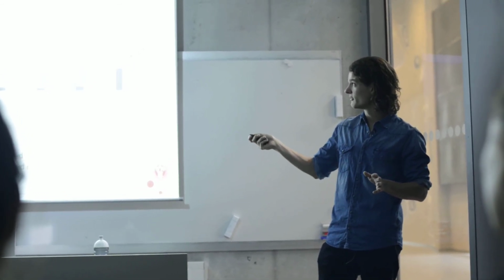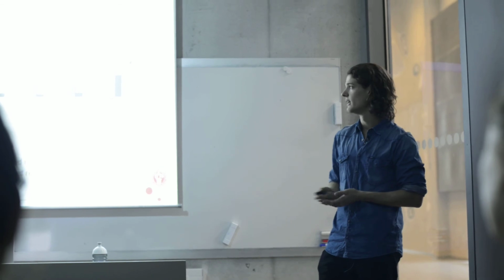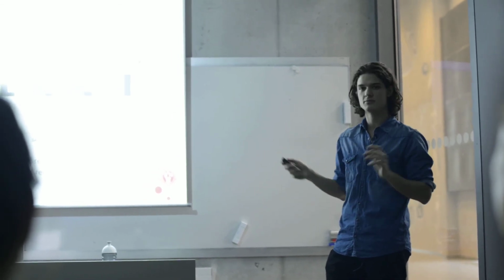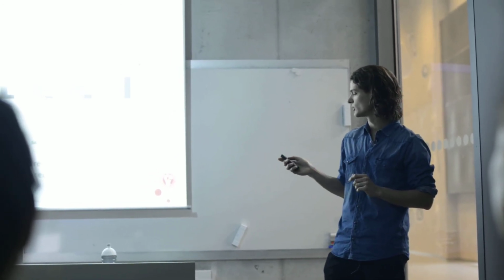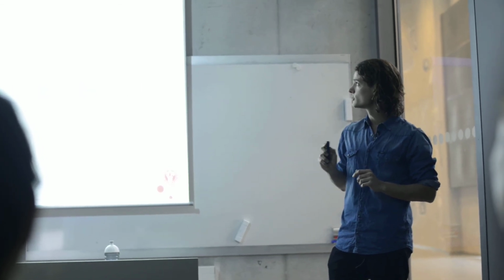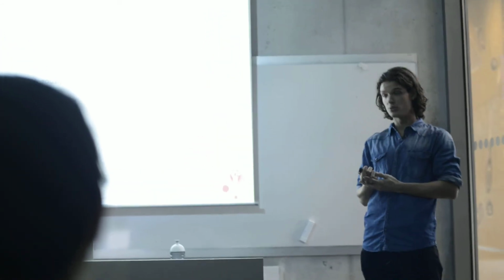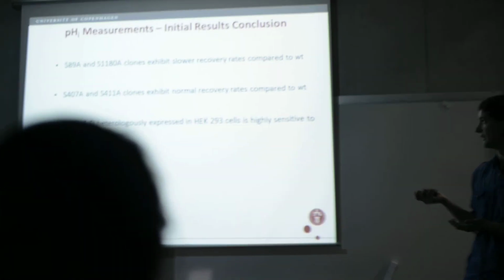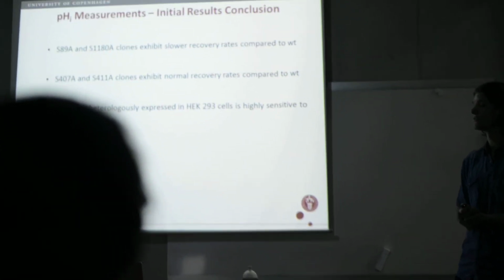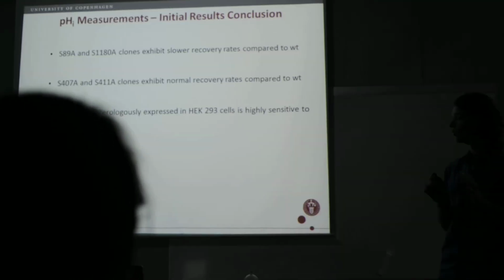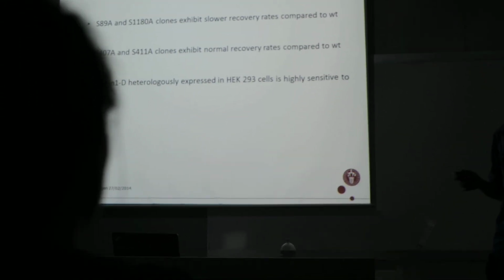DIDS induces about an 85% reduced recovery rate, and when there's no sodium, there is a much lower recovery rate. So these are the initial results, and the conclusion was that the S89 and S1180 clones had slower recovery rates compared to wild type, and the S407A and S411A clones had normal recovery rates relative to wild type under these conditions.